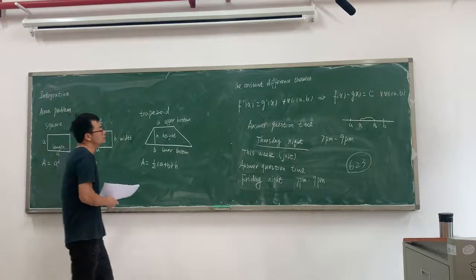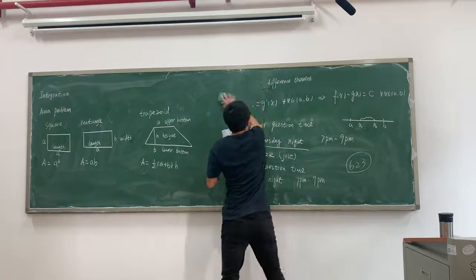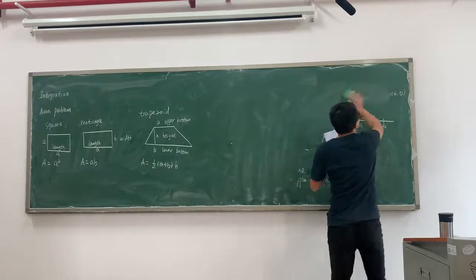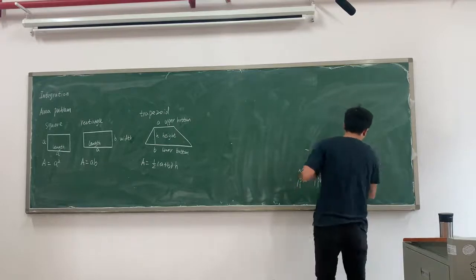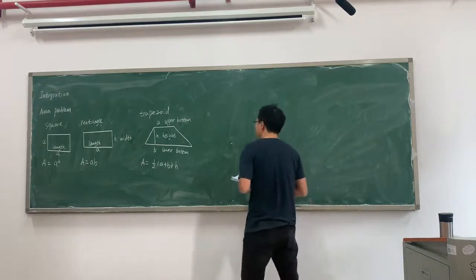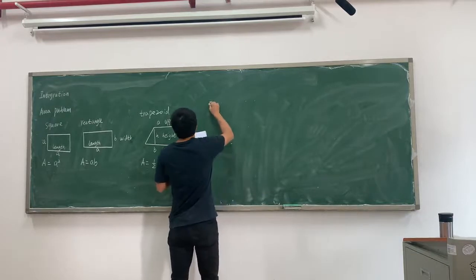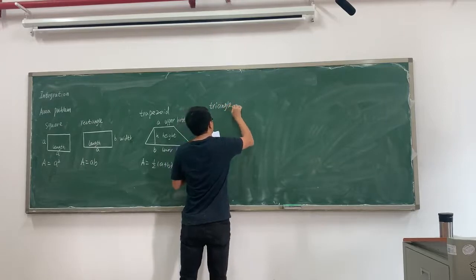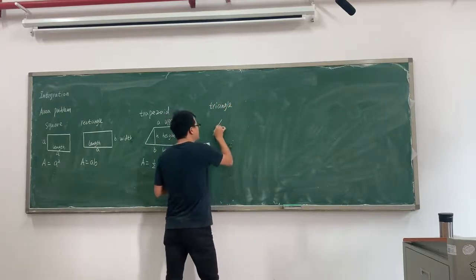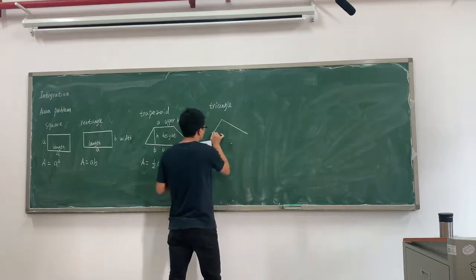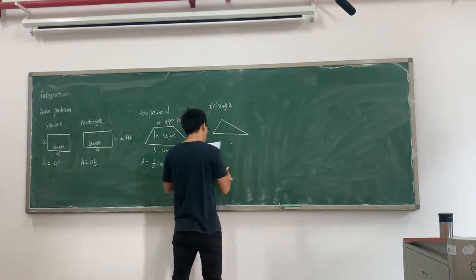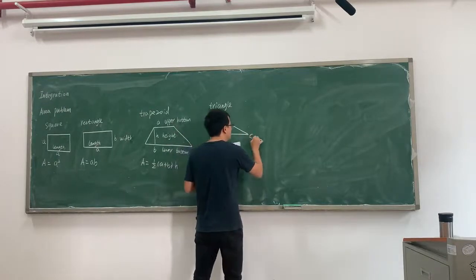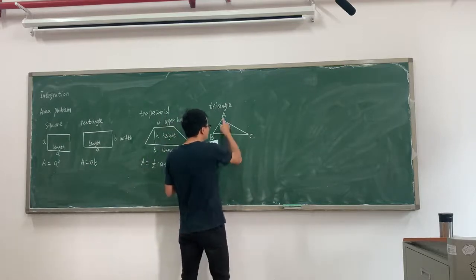And now for the triangle. For example, triangle ABC.